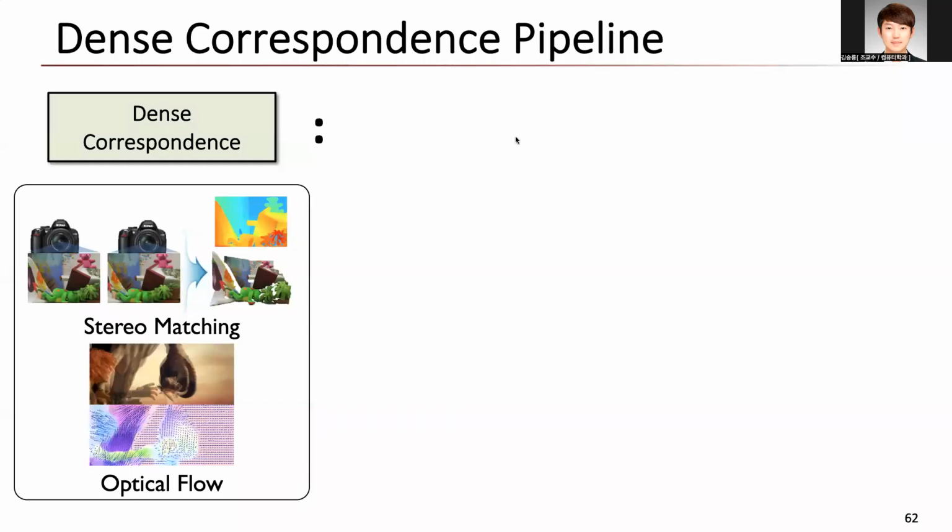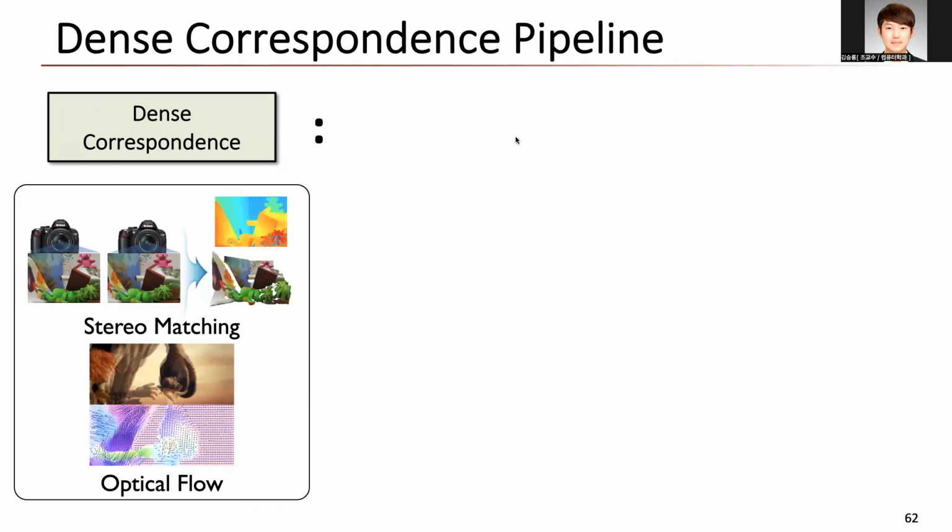Okay, let's continue with dense correspondence. In fact, the dense correspondence pipeline is similar to the sparse local matching pipeline, which had feature detection, feature description, and matching.